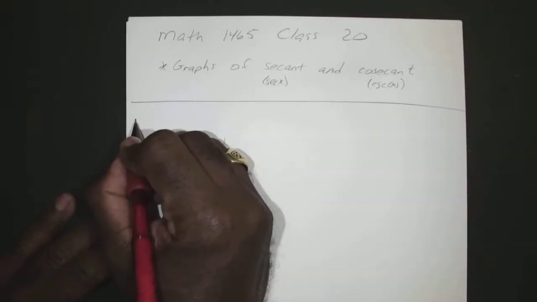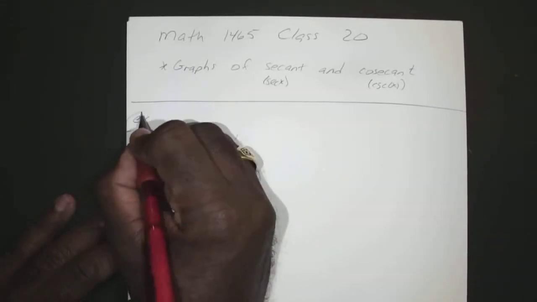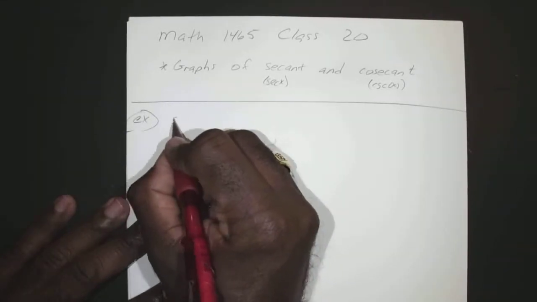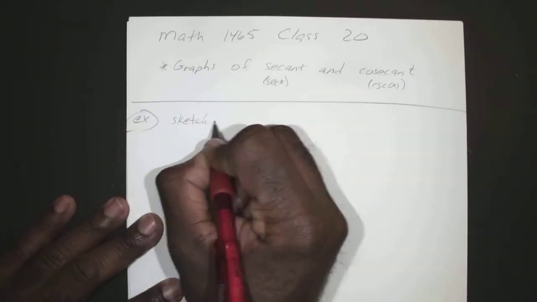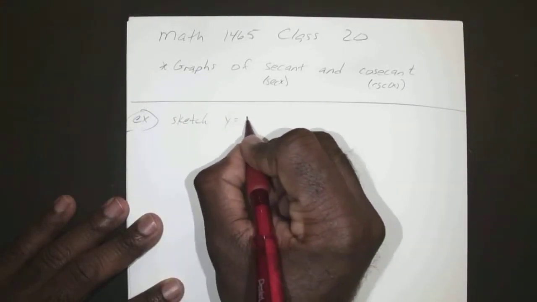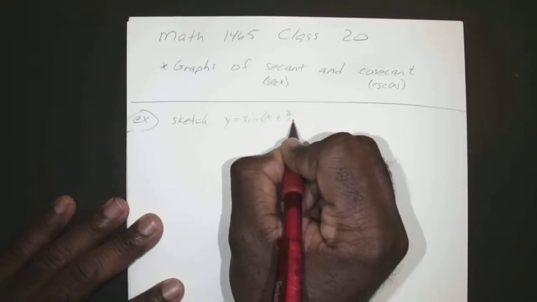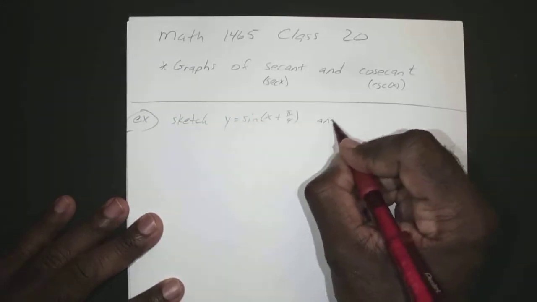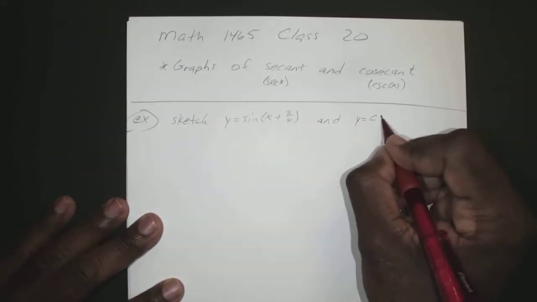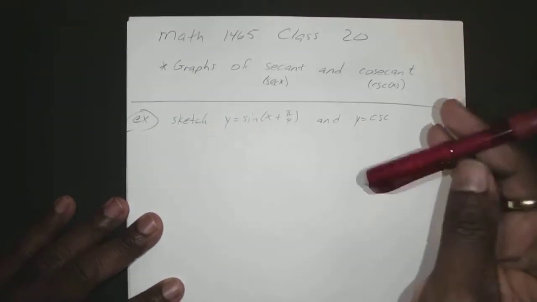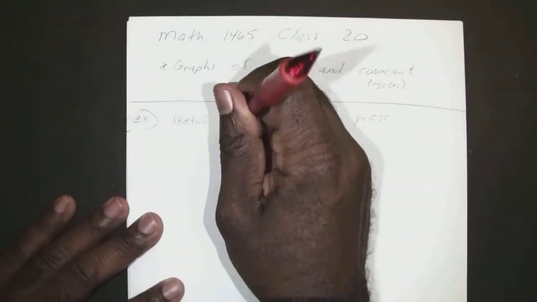Okay, so let's say, for example, you wanted to do a quick sketch of y equals sine of x plus pi over 4 and y equals cosecant. Actually, multiply both of those by 2.